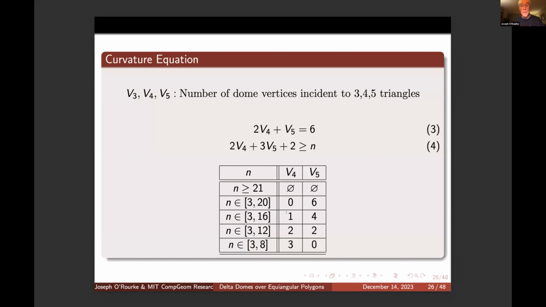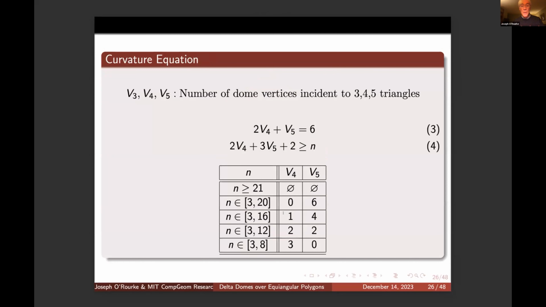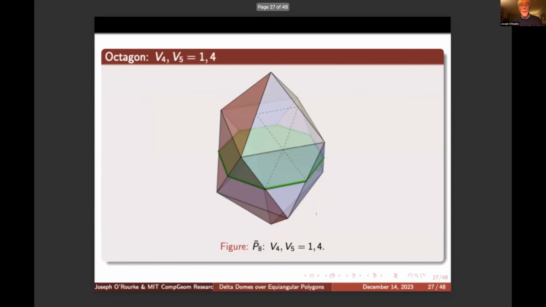So for example, look at this. This says there exist solutions where V4 is 1 and V5 is 4. So go back to here. This is degree 4. So this is the 1 V4.